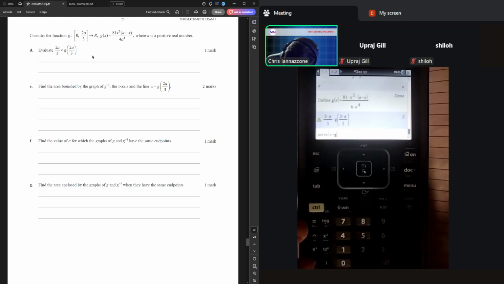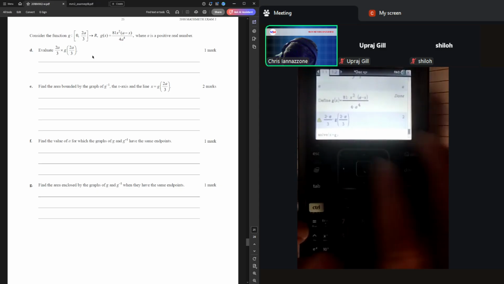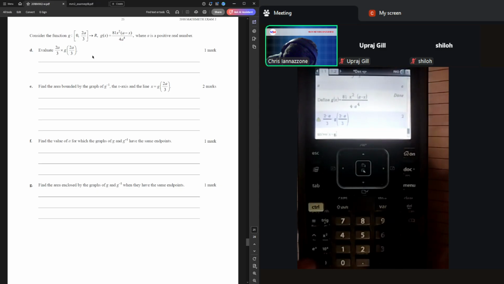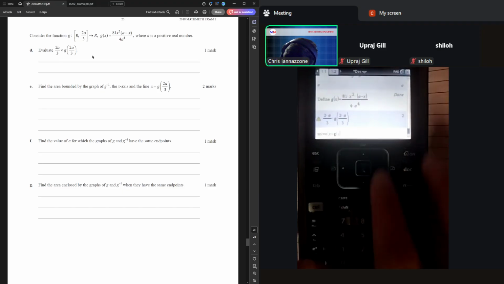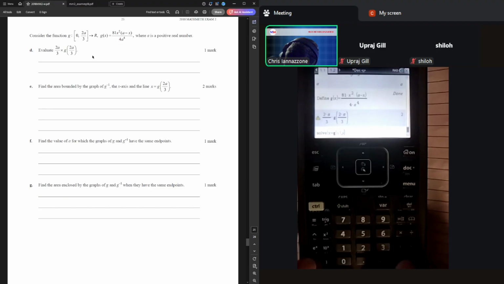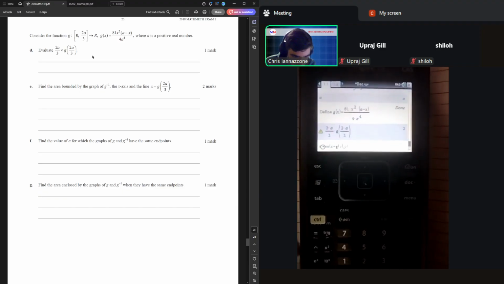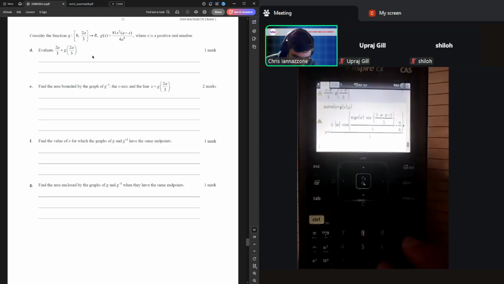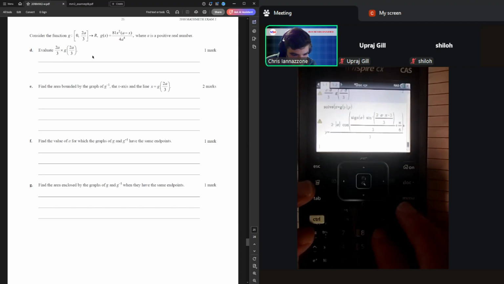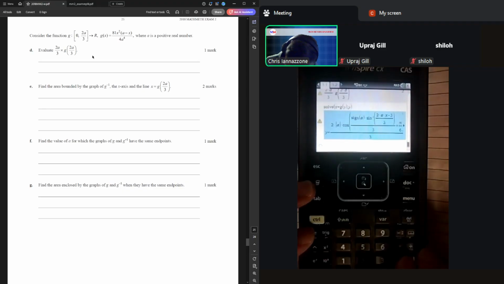X equals g of y. Yeah, that's crashing. Yeah, inverse acquired.